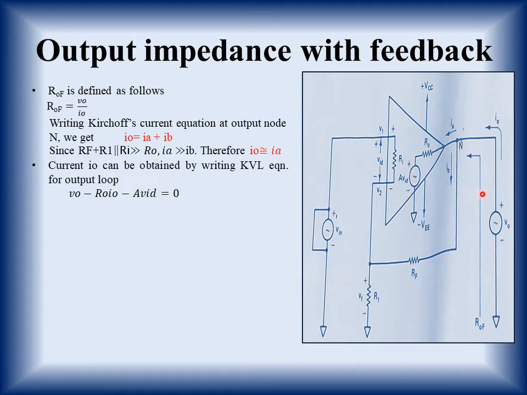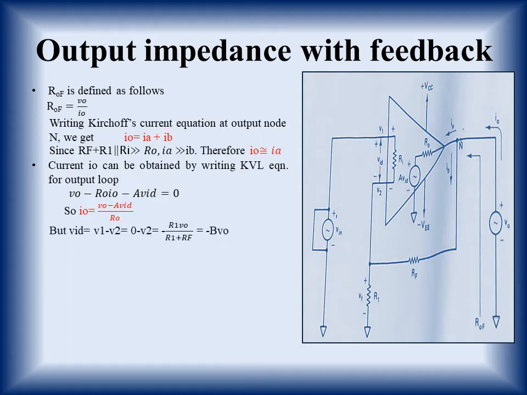So according to Kirchhoff's voltage equation, V naught is equal to IO RO plus AVID. Or if we take everything on one side, we can write V naught minus R naught I naught minus AVID equals 0. We can calculate I naught from this equation.